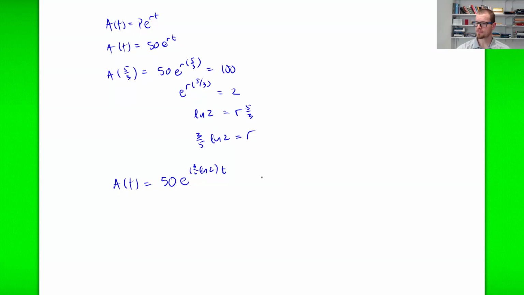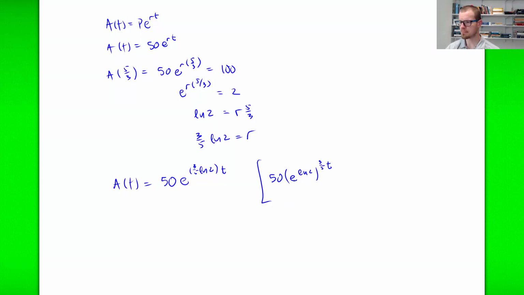What you might notice, for those that are interested, we can write this as 50 times e to the natural log of 2 raised to the 3/5 t.